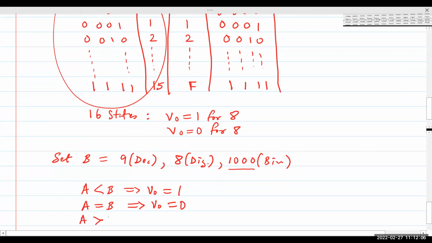And then A is greater than B for the rest of the time, so VO will stay at 0.